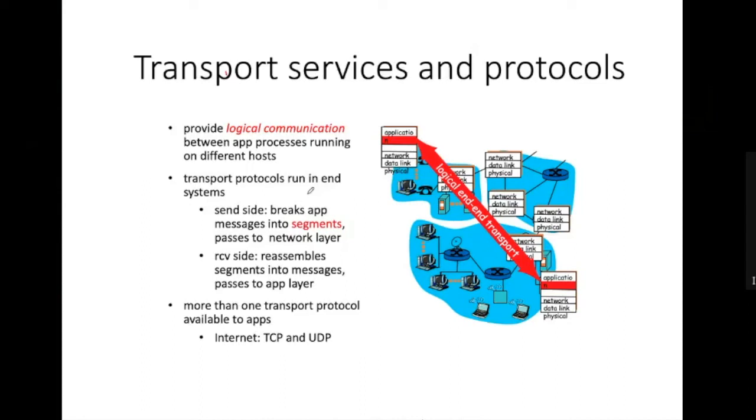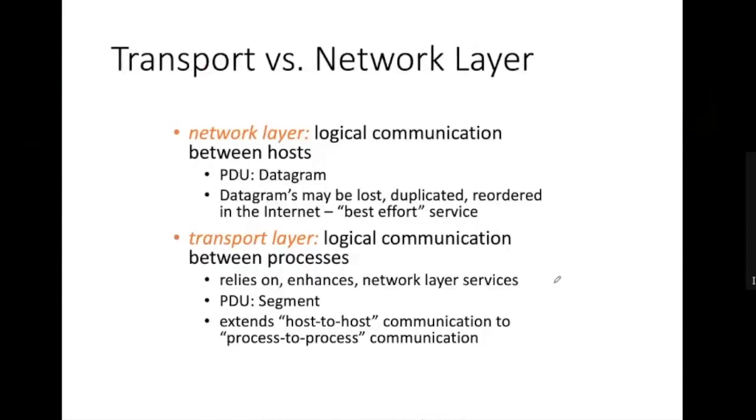And we can have more than one segment to accommodate the data that is coming from the application layer. And at the receiver side, we will be assembling, combining the data from these segments and will forward it to the application layer.